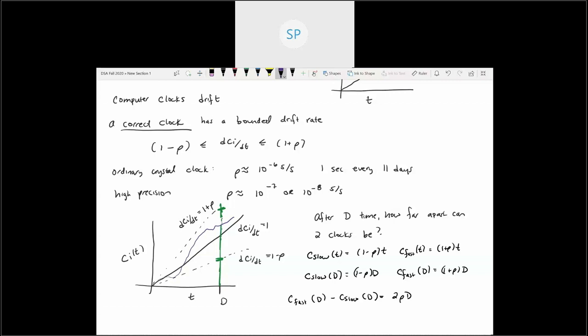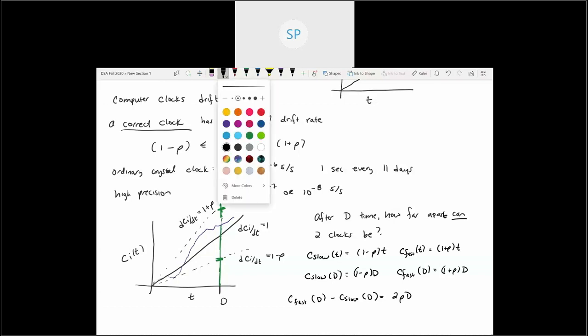But the question is how far apart can they be, right? In the worst case, they can follow the two outer boundaries, but that's unlikely. But it's possible. So this is the worst case scenario. How bad can it get?